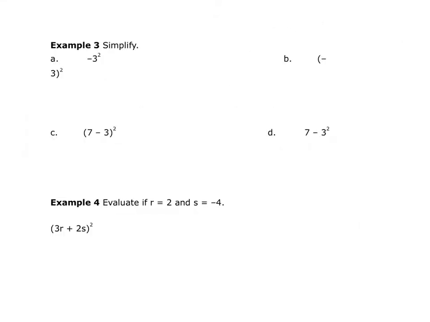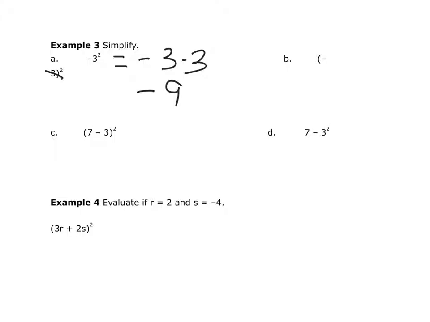Now, on these next ones, we talked about these exact ones in class on Thursday. So just be careful when you're doing these. The parentheses are important. So this one on letter A means the opposite of 3 squared. So I'm going to have the opposite, and then I'm going to have 3 squared. So then I have the opposite of 3 times 3, which is 9.